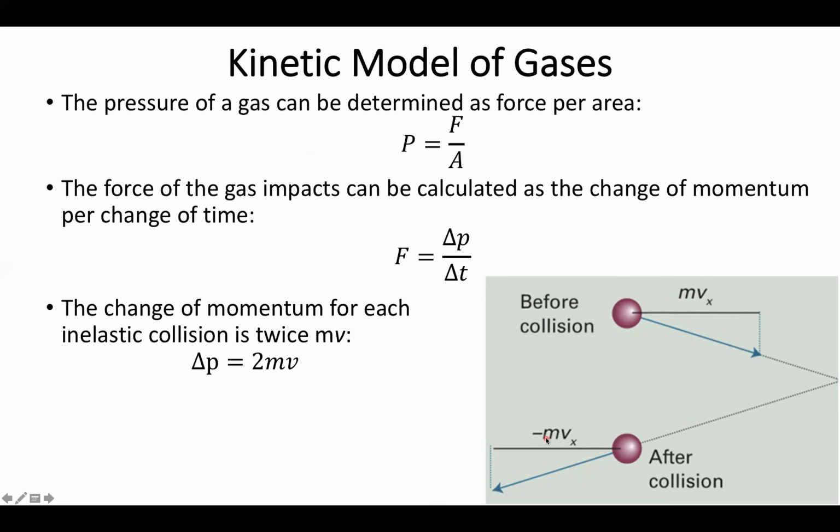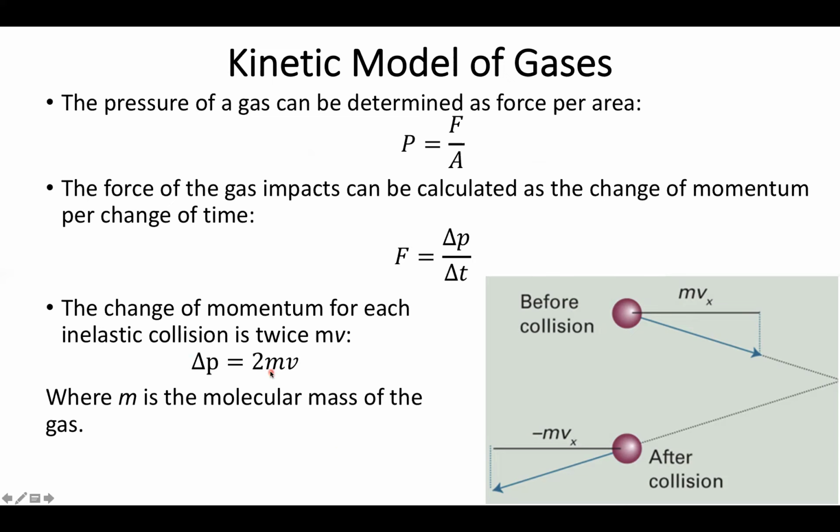So this means that I can give my change in momentum as essentially twice my initial momentum. I start with a momentum of mVx, and then I end with a momentum of negative mVx. So my momentum changed by essentially twice what I started with. I took all that momentum and turned it in the other direction, thus giving me 2mVx as my change in momentum, where again, m is the molecular mass, or the mass of a given molecule that's colliding with the wall.